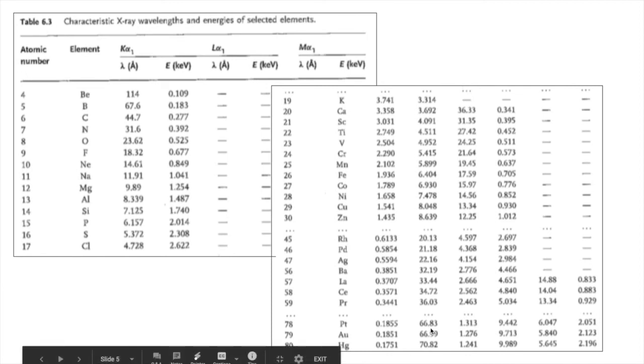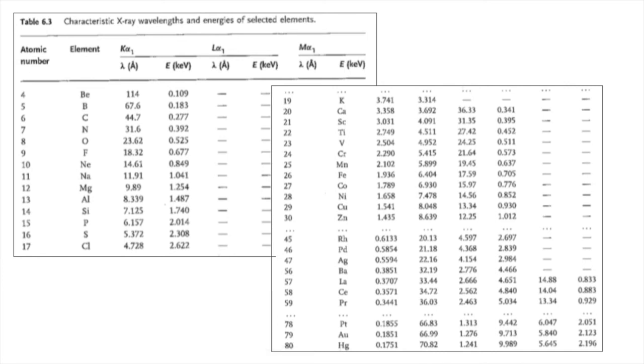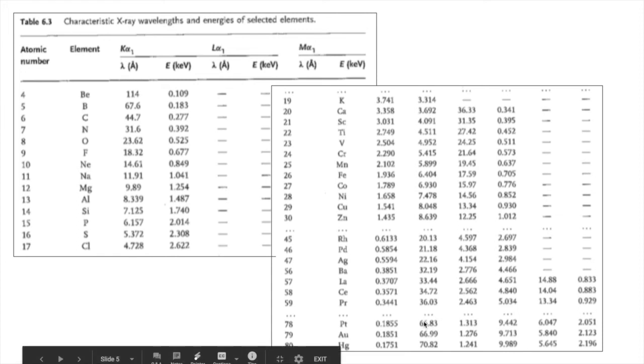If our typical spectrum is run from 0 to, say, 20 kiloelectron volts, then we wouldn't expect to see the K shell for platinum, whereas for the other two, their energies are lower, and so we would expect to see the L and the M shell because their energies are much lower than the K shell. Because of that trend, we don't see the K shell.